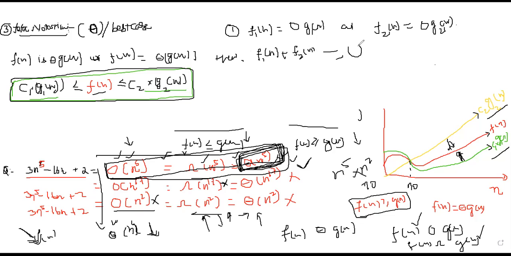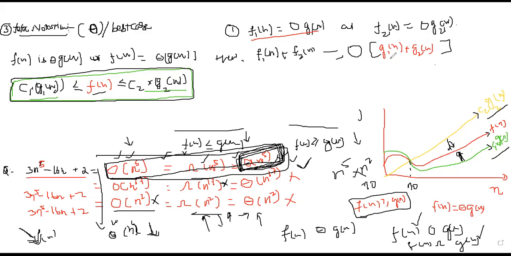What will be the big O of these two functions? Can anyone say? Did you understand what we are saying? If f1(n) is big O of g1(n) and f2(n) is big O of g2(n), then adding these two functions f1(n) plus f2(n), it will be big O of g1(n) plus g2(n).